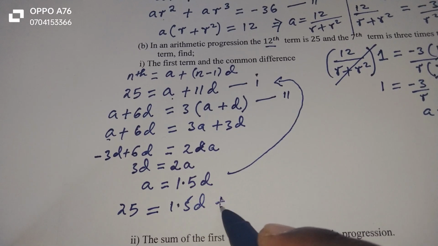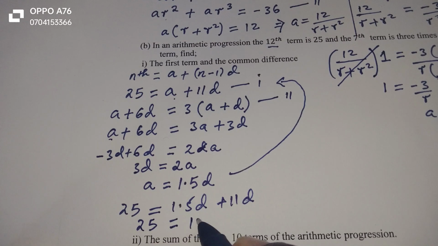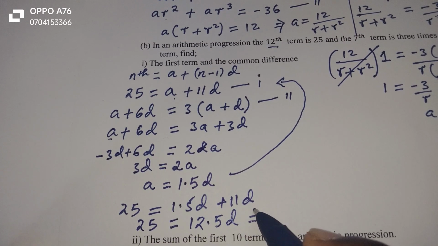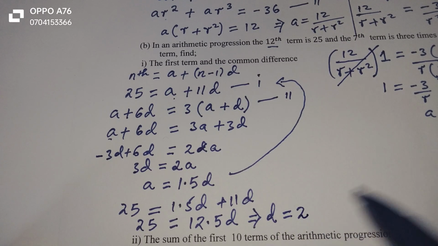Then we add 11D. This is going to be 25 equals to 12.5D. And when you simplify out, the value of D is going to be exactly 2.